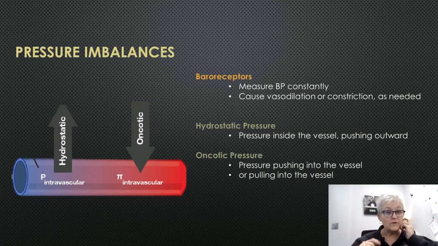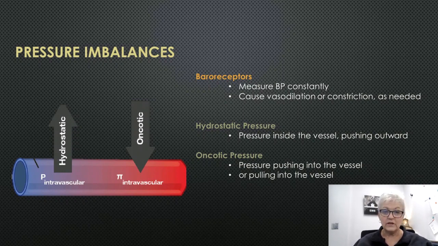They're going to send a message to the brain that says, hey, we've got a drop in pressure, something's wrong. And the brain is going to say, okay, adrenal glands, release the adrenaline, and that sympathetic nervous system is going to kick in. It's going to cause the heart rate to go up, the respiratory rate to go up, and those vessels to constrict. Okay, make sense?